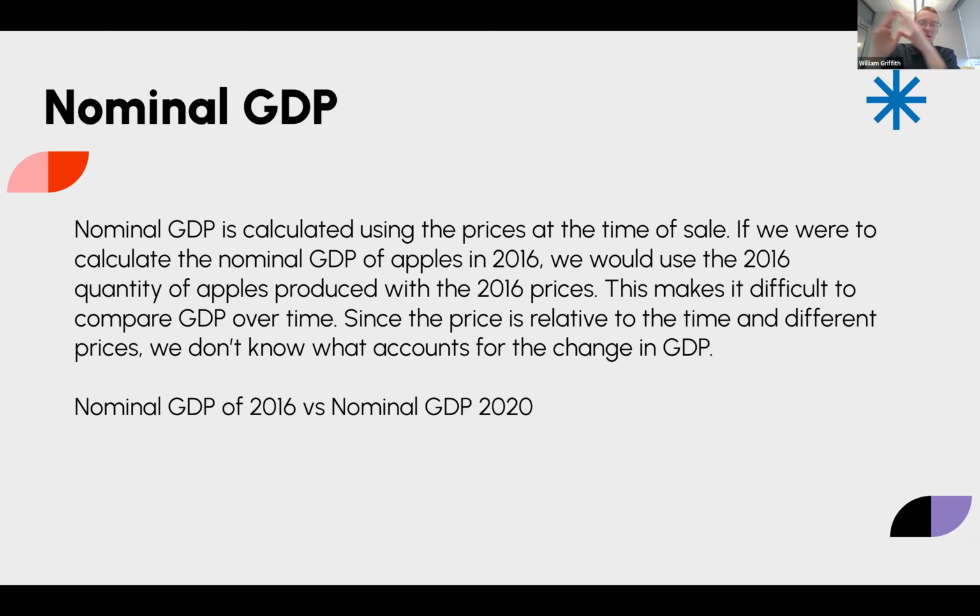And if we were to do it in, say, 2020, we would take the quantity of apples in 2020 and multiply it by the price of apples in 2020. If we were to compare the GDP of those two, we don't have a way of determining whether it was the production or the price that caused the change, because they're two different variables that are changing.